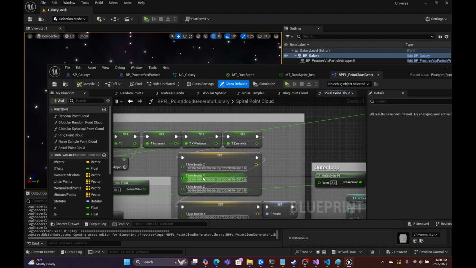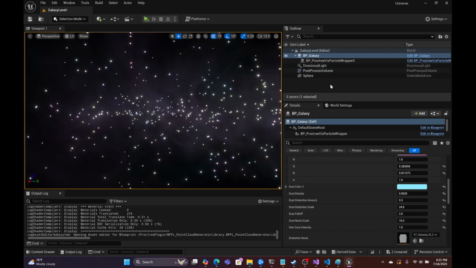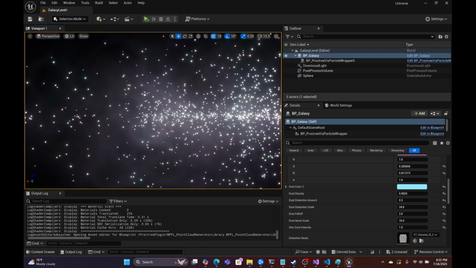Instead of generating these huge bounds, we can just generate the point clouds in a 0 to 1 space and translate that by the scale that we want it to be at.